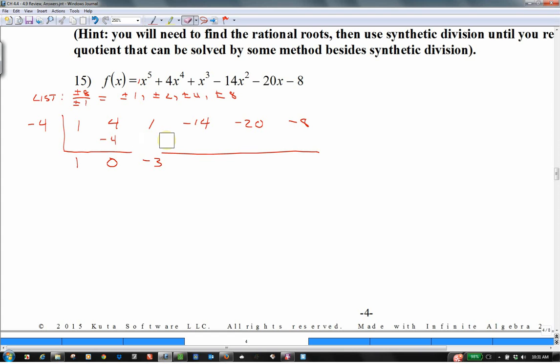So 1 times a negative 4 is a negative 4, add is a 0. 0 times a negative 4 is a 0. Add, I get a 1. 1 times negative 4 is negative 4. Negative 28 times a negative 4.